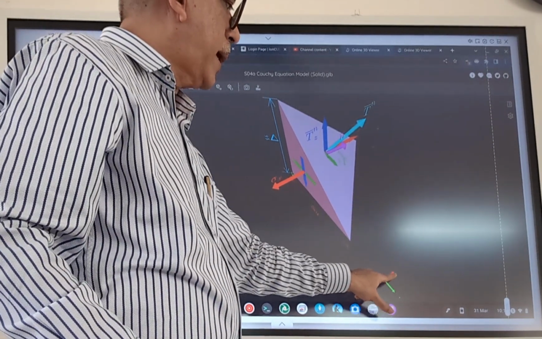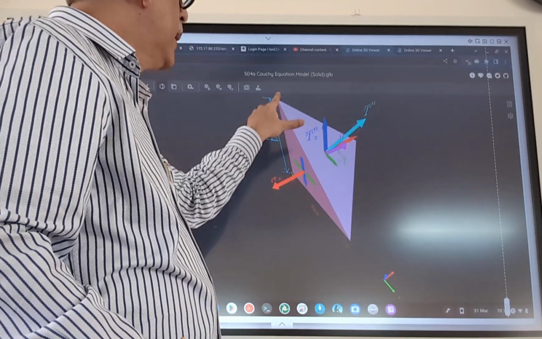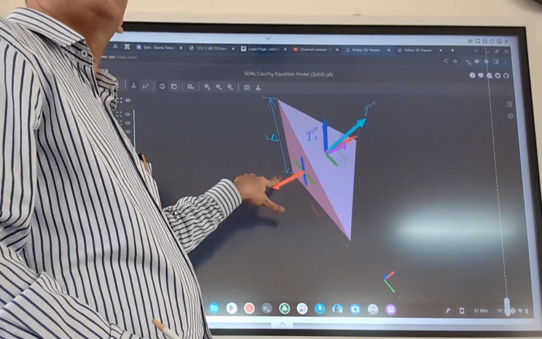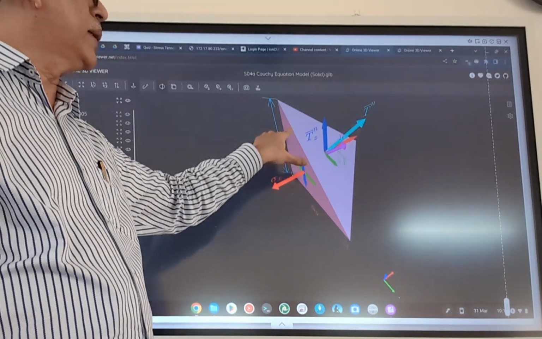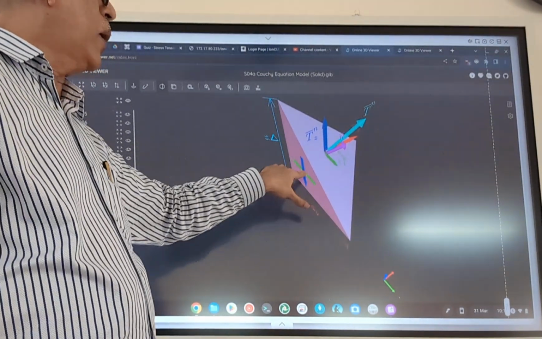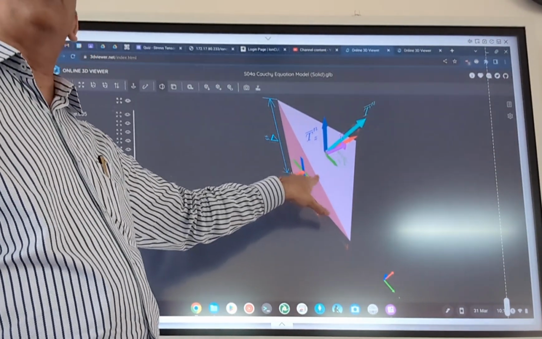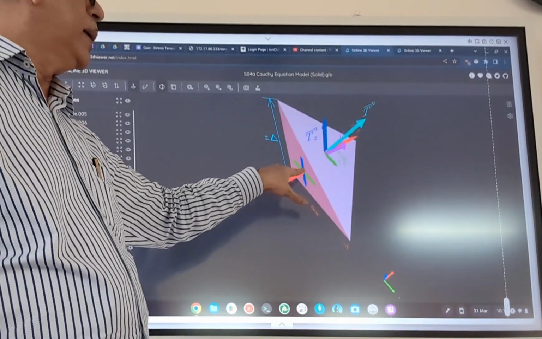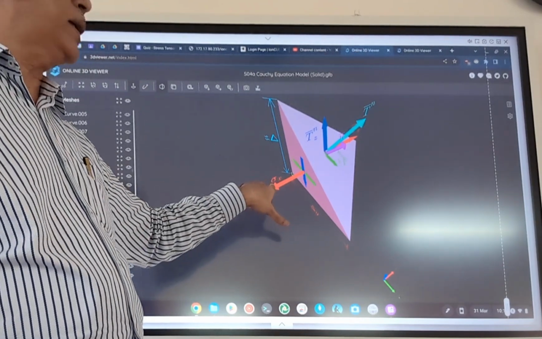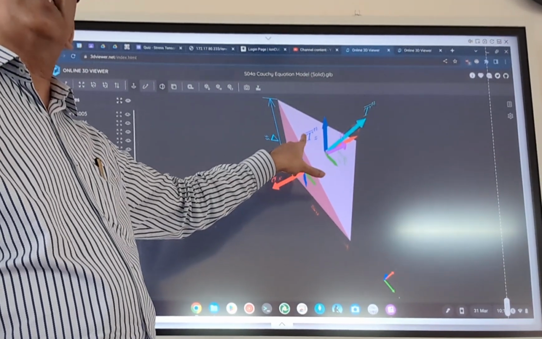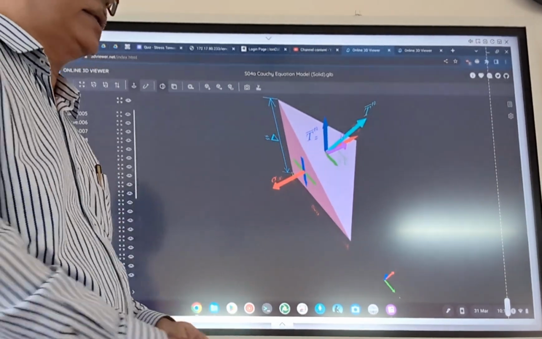In this case, this red is the x-axis. For this particular triangle, the normal to this plane is along the x-axis. So this is the x plane, and on this plane you have the traction vector defined. What you see are the components of the traction vector. The normal component would be sigma x, and the others will be tau xy and tau xz. Those are the other two components.